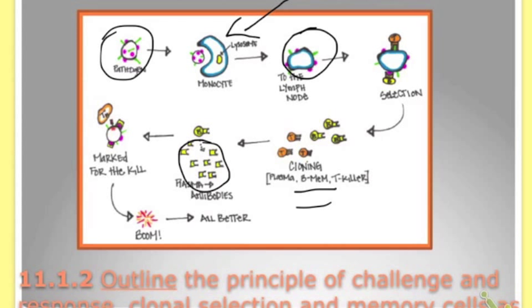Basically, what the B memory cells allow is for the body to skip the first couple of steps. So we get to skip the monoclonal digestion here, we get to skip selection, we get to skip cloning. Those B memory cells will stick around in the body and be ready to respond quickly to any further attacks from this specific pathogen.